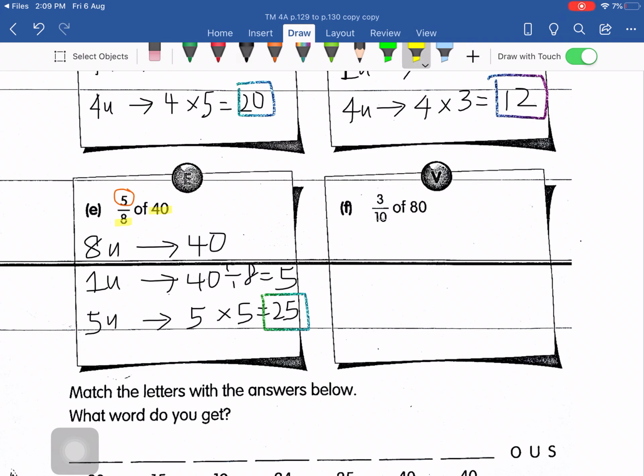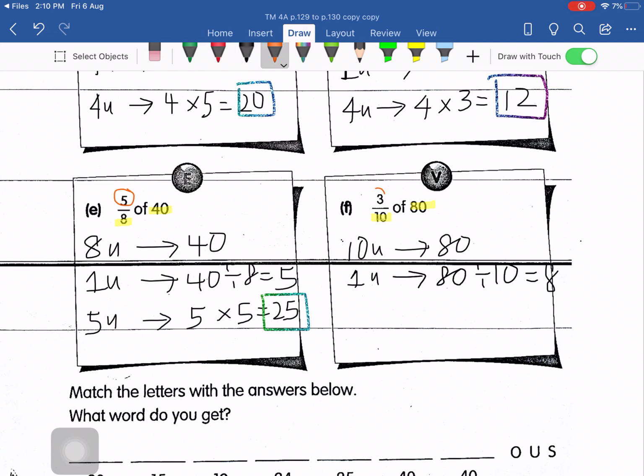Question F, 3/10 of 80. 80 represents the total number of items, which is split equally into 10 parts, or 10 groups. So 10 units represents 80. To find the number of items in one group, or 1 unit, we split 80 equally into 10 groups, and that is 8. So each group, or each unit, represents 8.